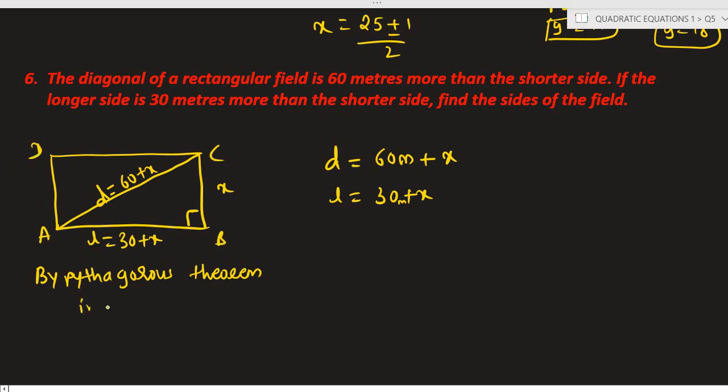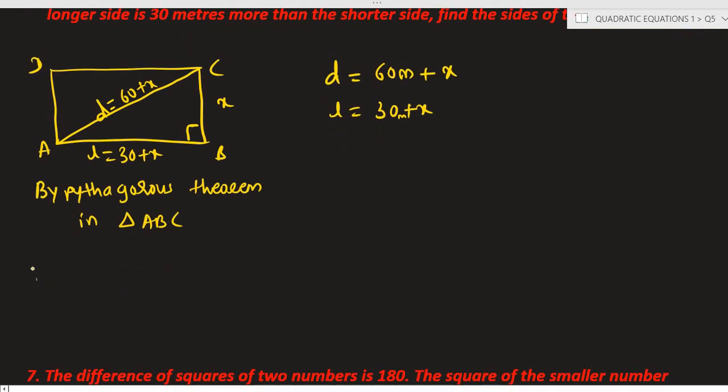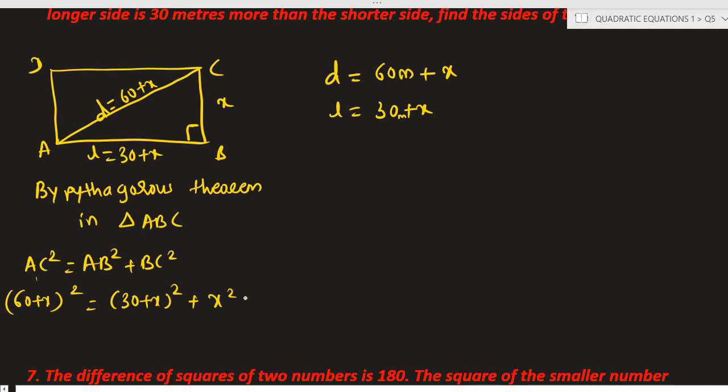In triangle ABC, what happens here? AC square is equal to AB square plus BC square. AC square is what? 60 plus x bracket square. What is AB square? That is 30 plus x bracket square. BC is what? x square.